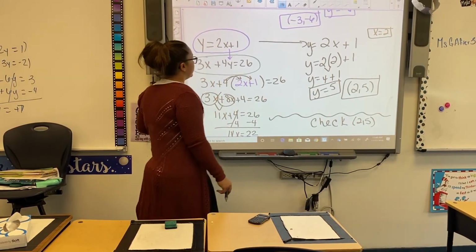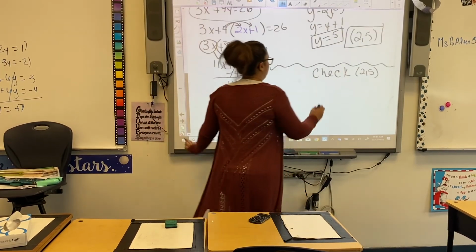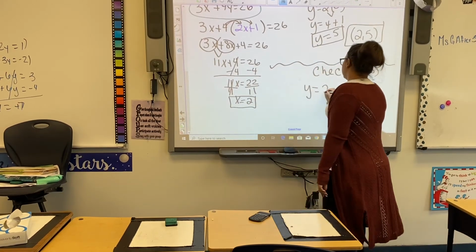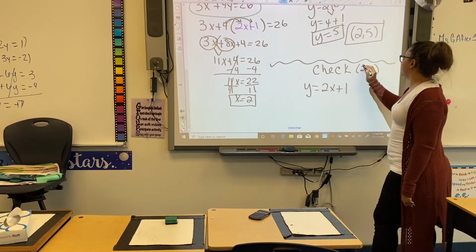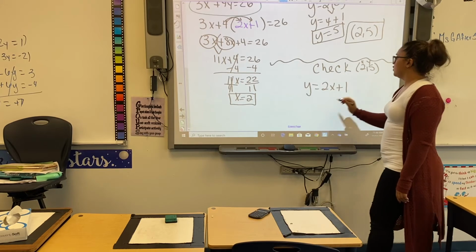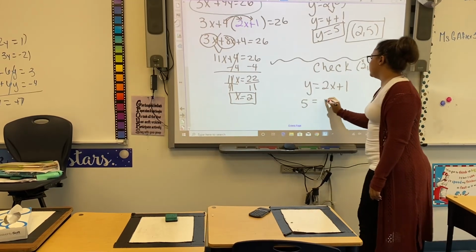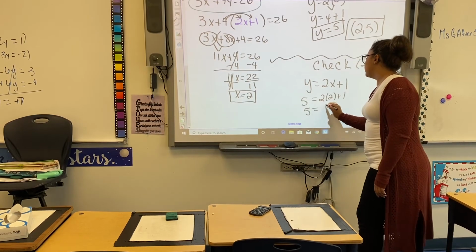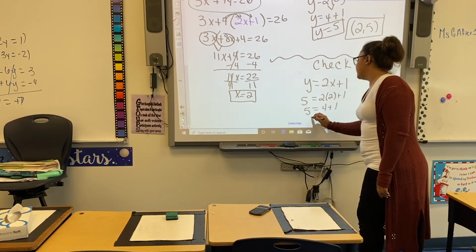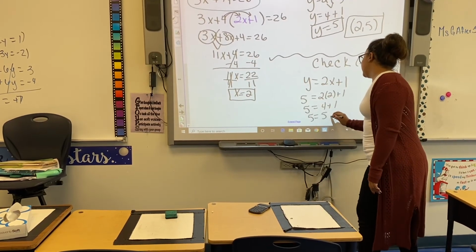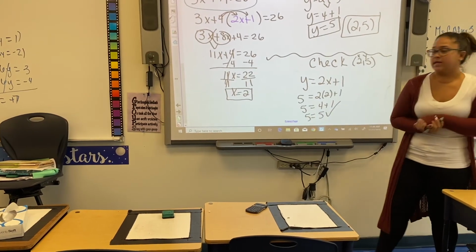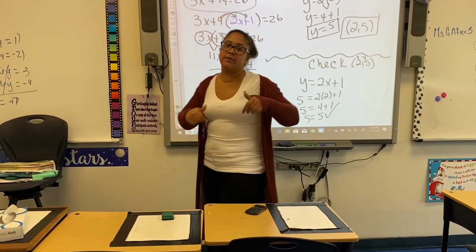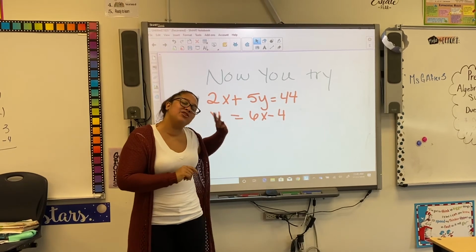Y equals 2x plus 1. Remember that this is x and this is y. So it's going to be 5 equals 2 times 2 plus 1. 5 equals 4 plus 1. Does 5 equal 5? It does, which means we got the correct answer. Okay? Great job, guys.